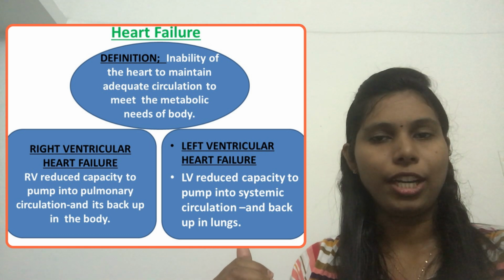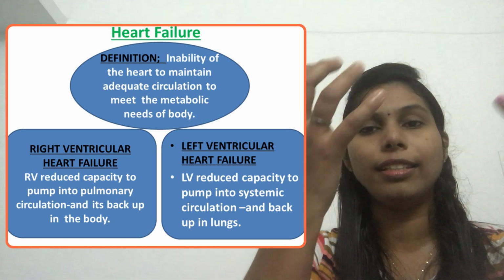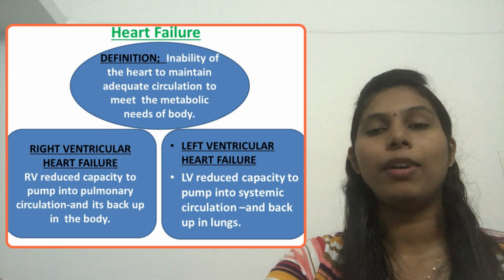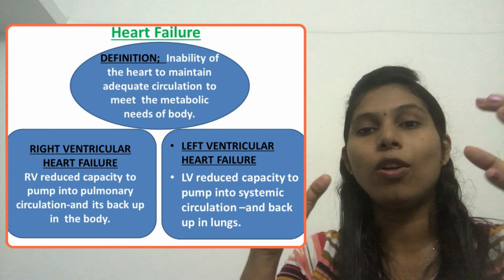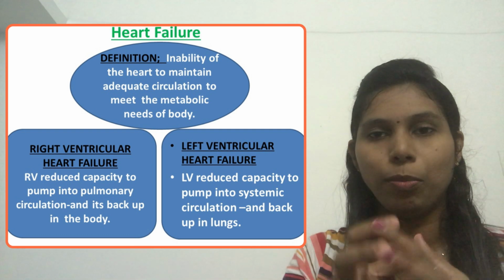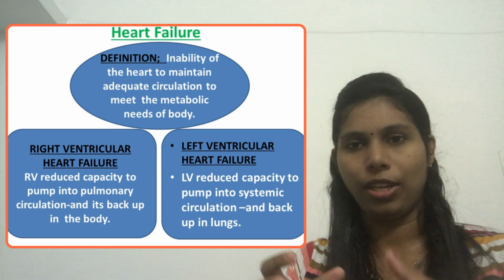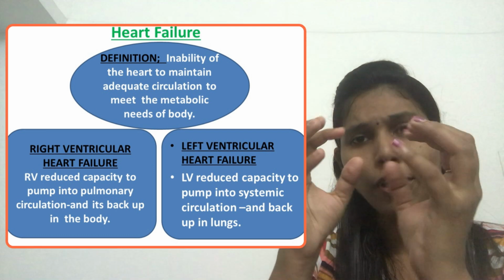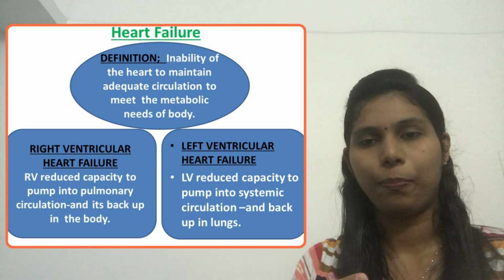We know that the circulation starts from the right side. The right atrium receives the blood from the superior vena cava and the inferior vena cava, the deoxygenated blood in the body. Once it comes to the right atrium, it will go to the right ventricle.